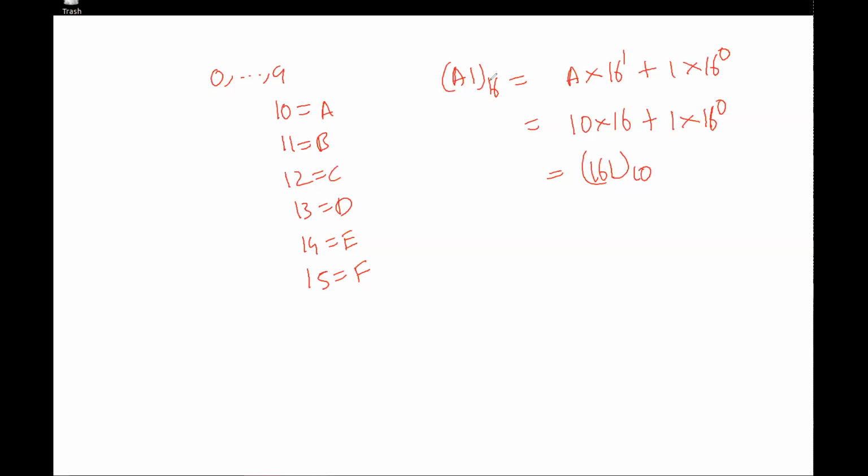So the next important idea is the way binary and hexadecimal are related with each other, because this helps you in many places. Binary to hexadecimal and hexadecimal to binary.